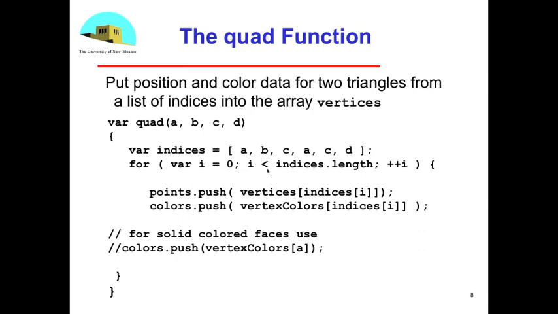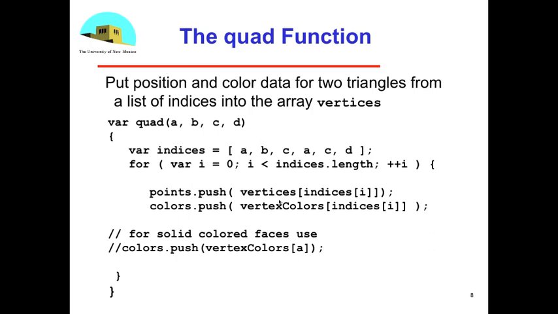And how many are there? There's 6. Using the JavaScript length function for the array, for each of those, I'm going to push a vertex onto the point stack, and I'm going to push a color onto the color stack, and that's it.